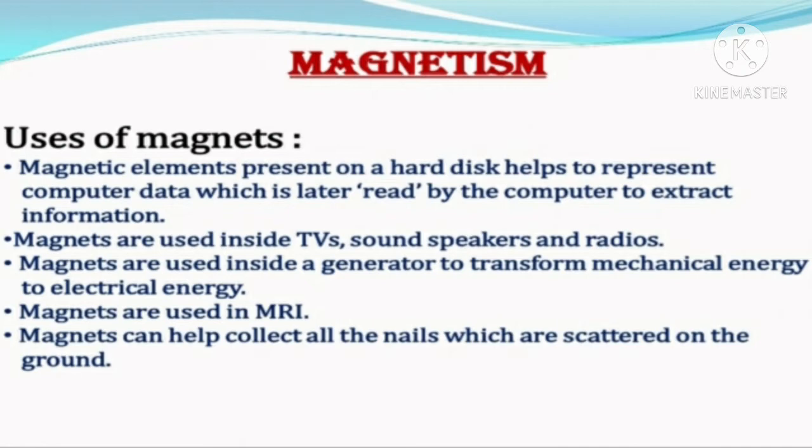Third, magnets are used inside a generator to transform mechanical energy to electrical energy. Fourth, magnets are used in MRI machines. Fifth, magnets can help collect the nails which are scattered on the ground.